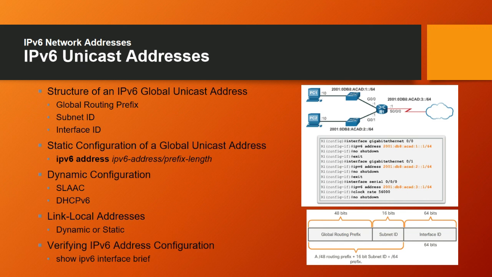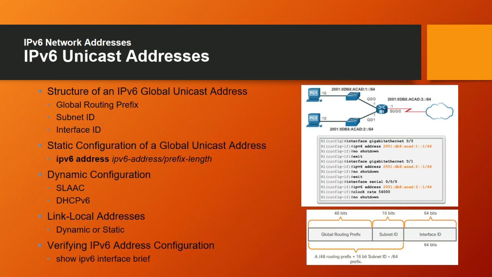DHCPv6, or the Dynamic Host Configuration Protocol version 6, is a network protocol for configuring the Internet Protocol version 6 host with IP addresses, IP prefixes, default route, local segment MTU, and other configuration data required to operate an IPv6 network.